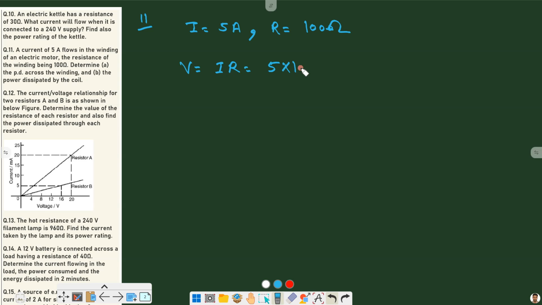So 5 into 100 is 500 volt, and power is equal to VI. V is 500, I is 5, so 2500 watts. Question number 12.